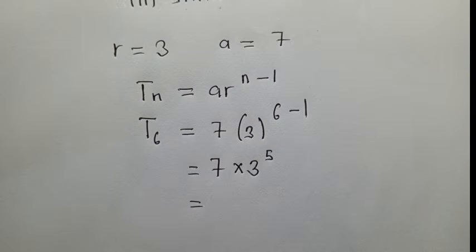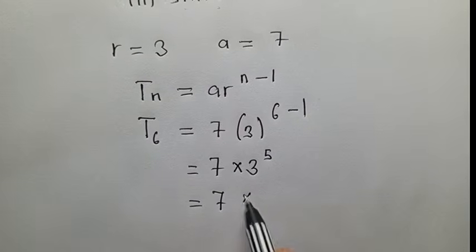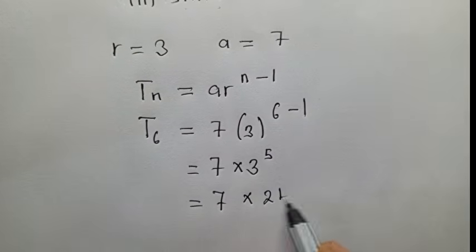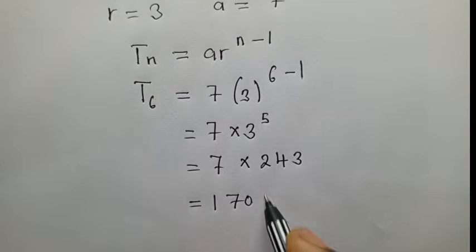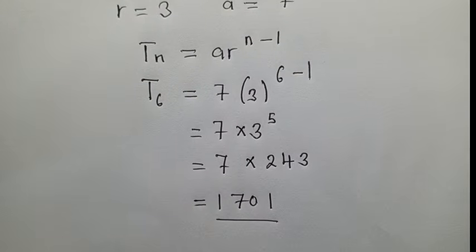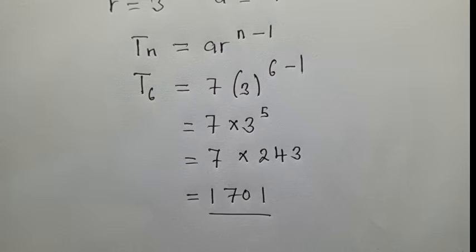When we simplify 3 power 5, we maintain the 7 and write 243. We multiply it by 7, and this gives us 1701. So the sixth term is 1701. That's how it's supposed to be.